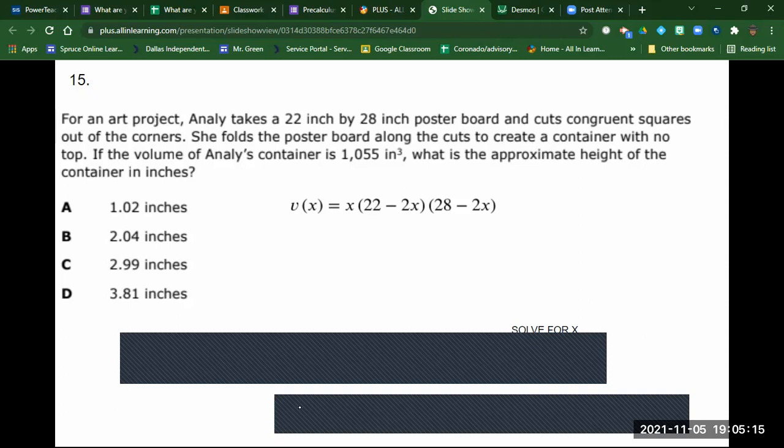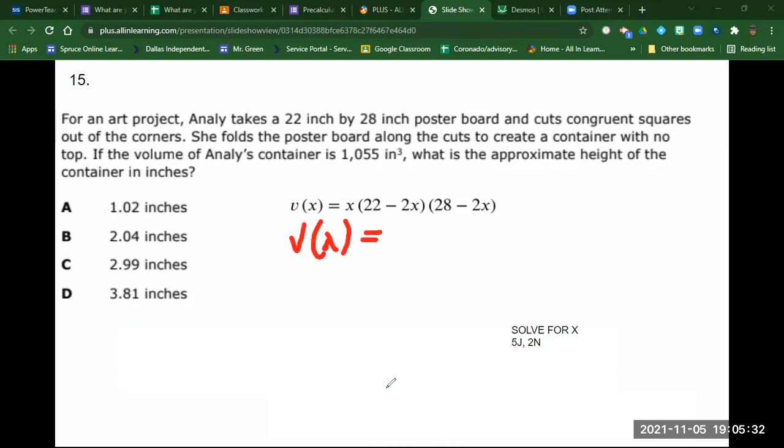So they tell us what the volume is. The volume is that. And here's the equation. So basically, this is looking like this. So we're saying that V of x is equal to 1.55. We're just looking for the intersection of these two. So we're going to graph this, and then we're going to graph that, and just see where they come together.